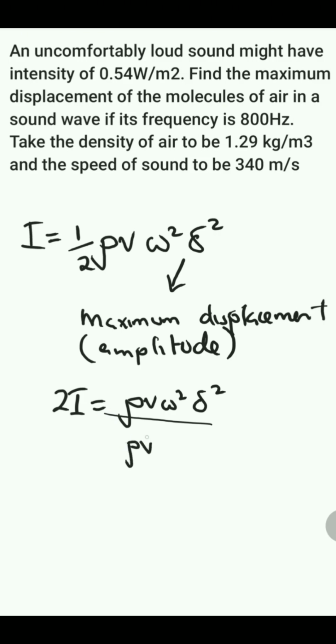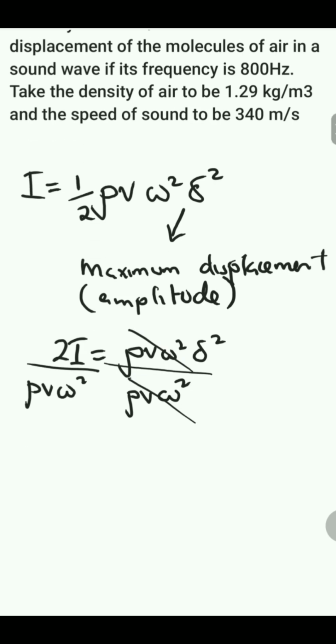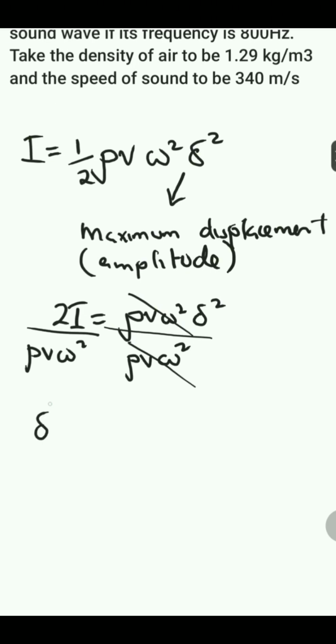So I will divide both sides by density, v, and omega squared. On the right we'll be left with delta squared equals 2 times the intensity over the density, the speed, and angular frequency squared.